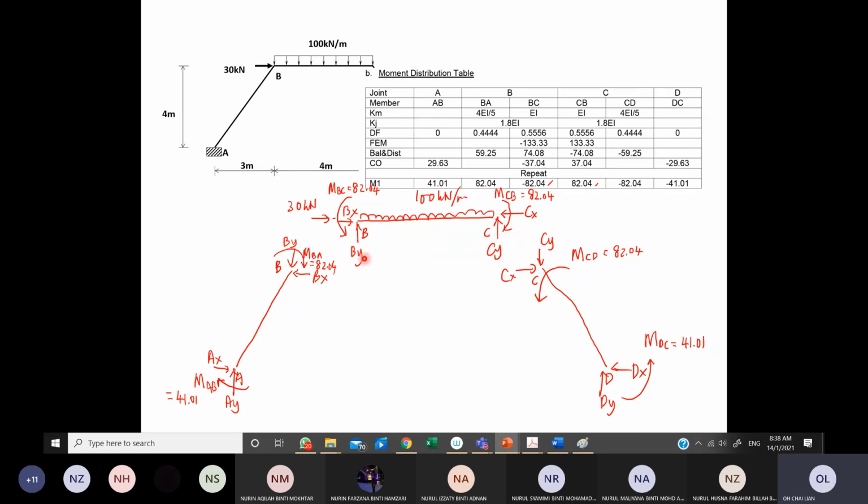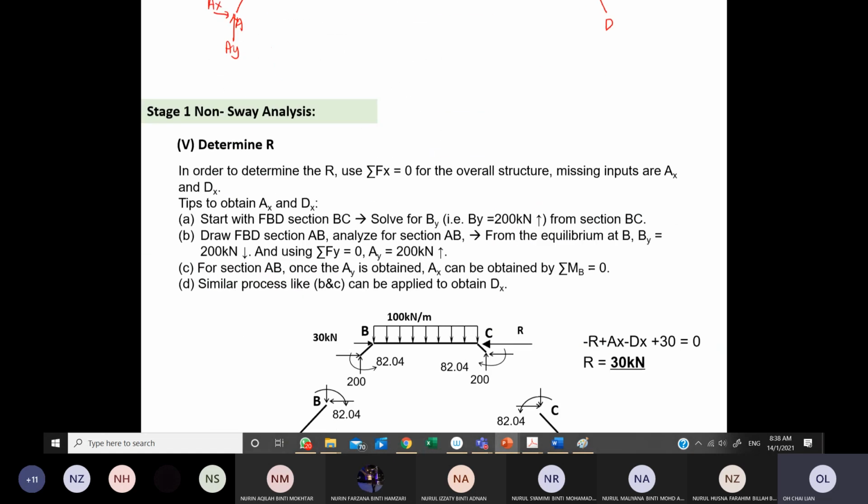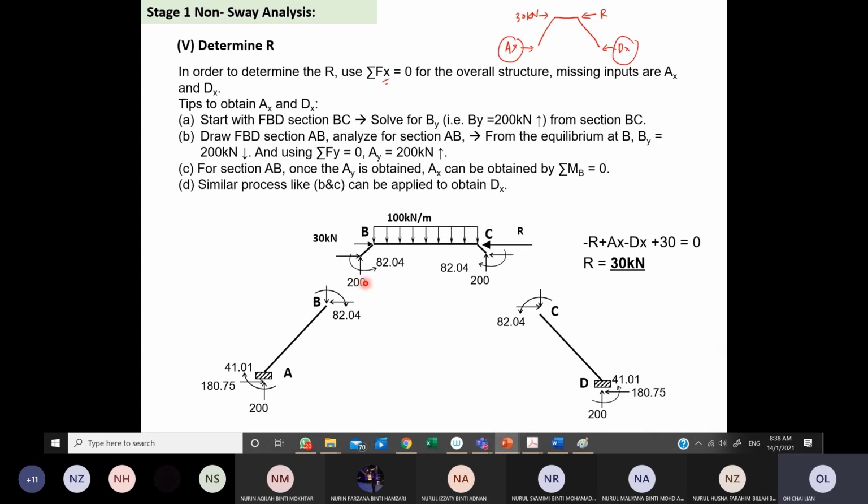So we can solve BY or CY by just taking summation moment at the other end. So if you want to find BY, you take summation MC equal to 0. So let us try it. Meaning that right now BY is unknown yet. This 200 is the answer for the BY. Let us see how to get the BY.